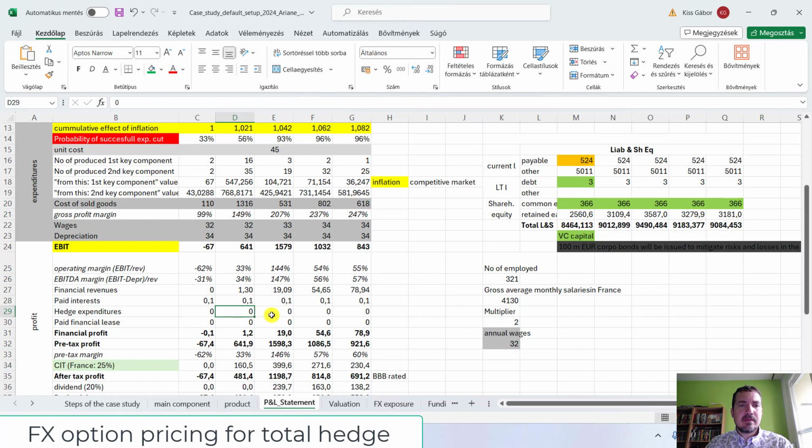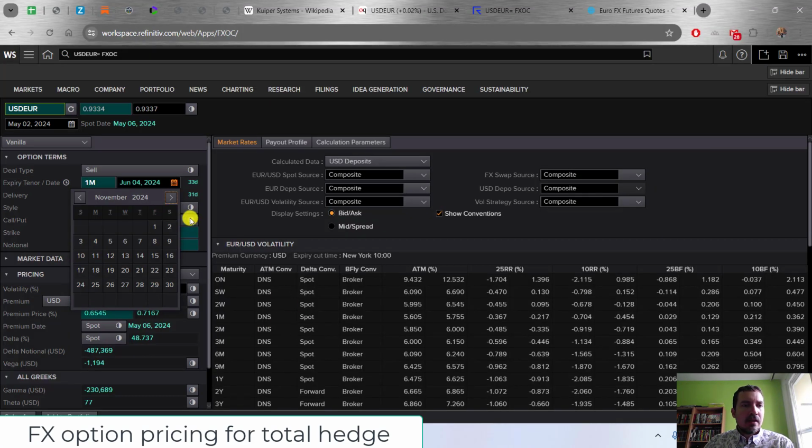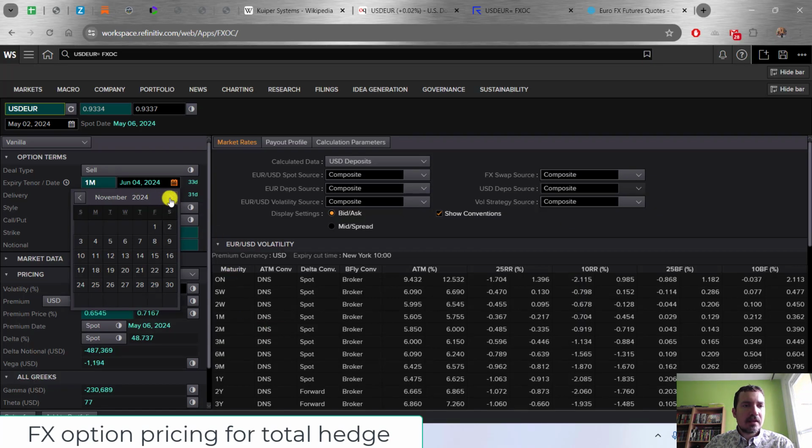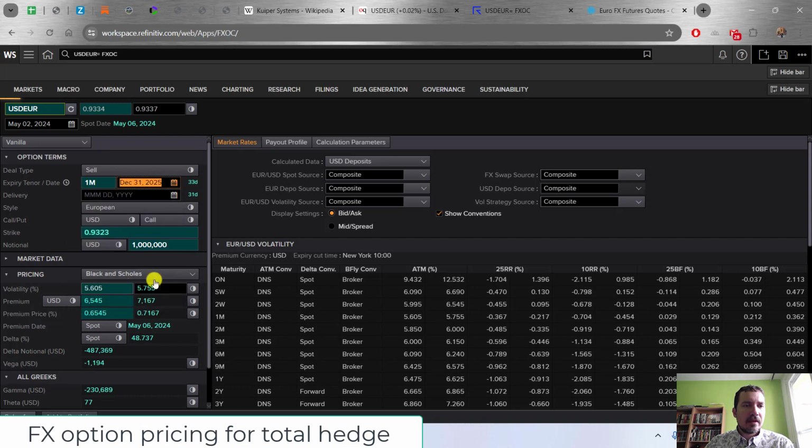Hedge expenditures. So we have to focus on this too. Okay, so end of 2025. Okay, delivery. European option, yes. Okay, sorry, I would like to buy, but it will be a put option because I would like to sell.